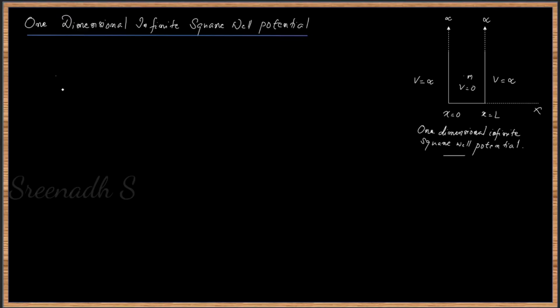Okay, so now we are going to study the one-dimensional infinite square well potential, or it is called the particle in a box problem. Actually, this is an application of the Schrodinger equation.